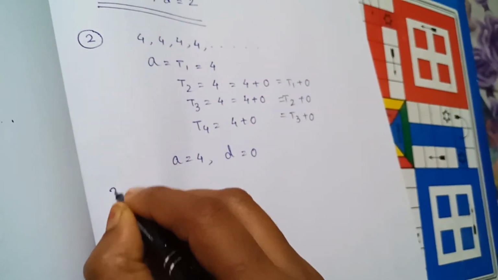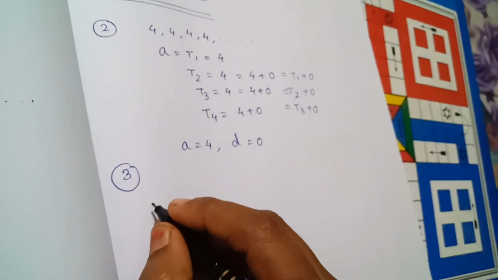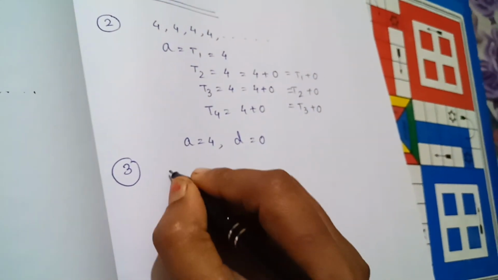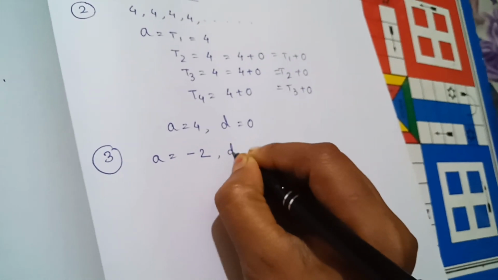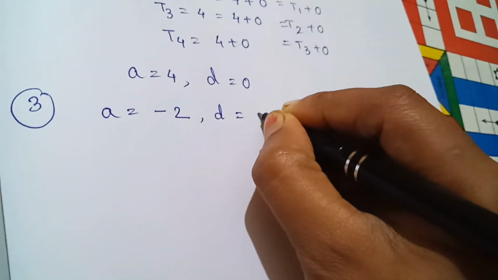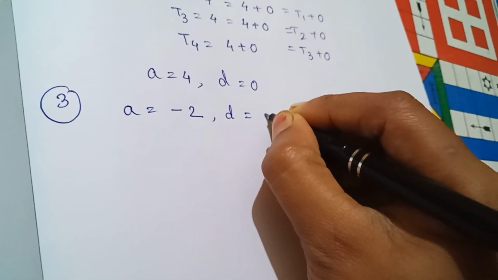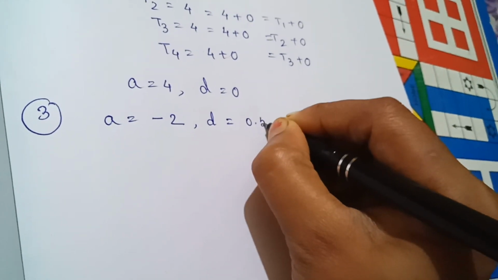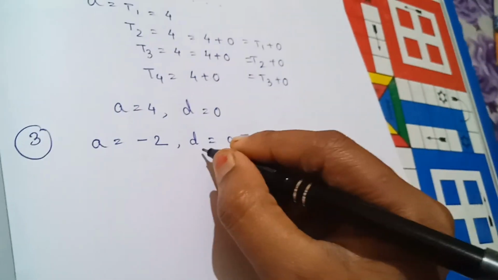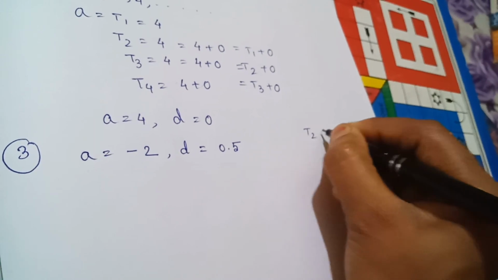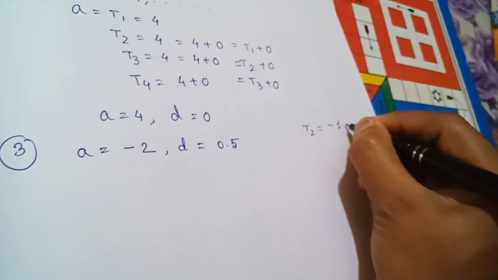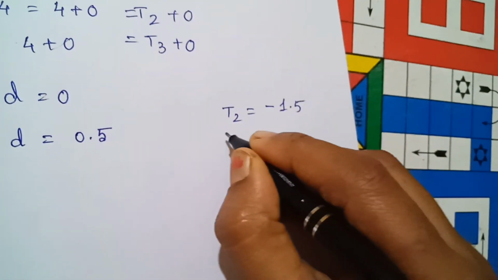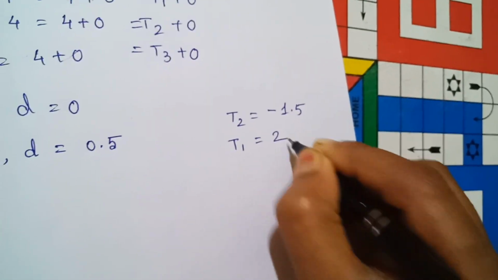Okay. Then coming to number 3. Number 3, similarly you can see A equals minus 2. Now everybody can find it out. And D will be equal to 0.5. Why 0.5? Because T2 is equal to minus 1.5 and T1 is equal to minus 2.